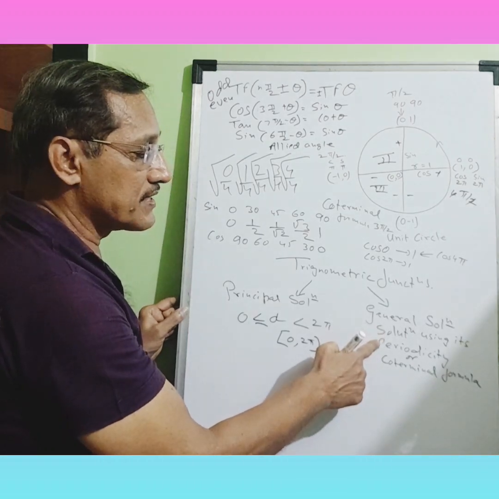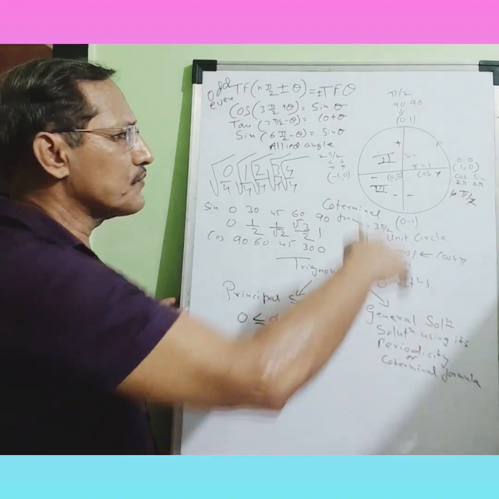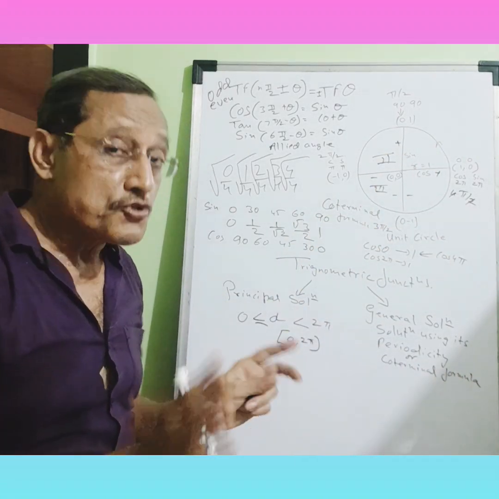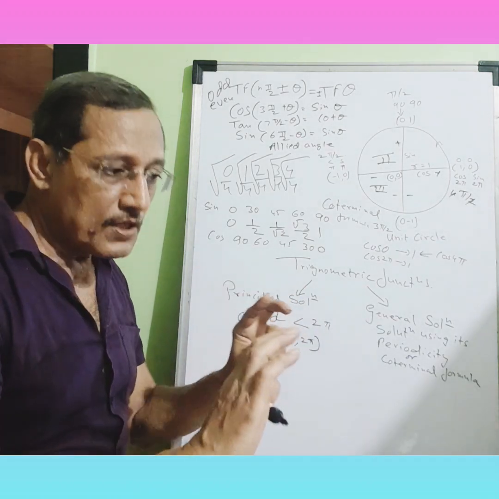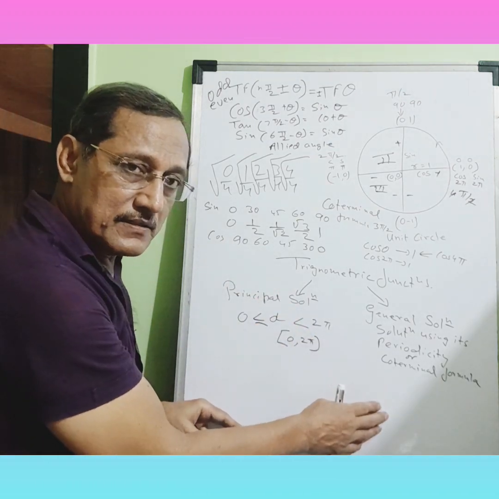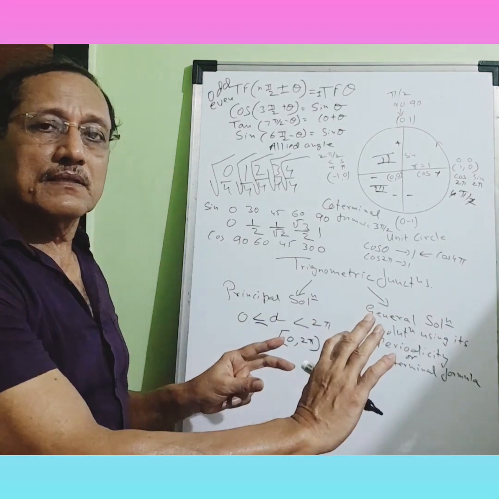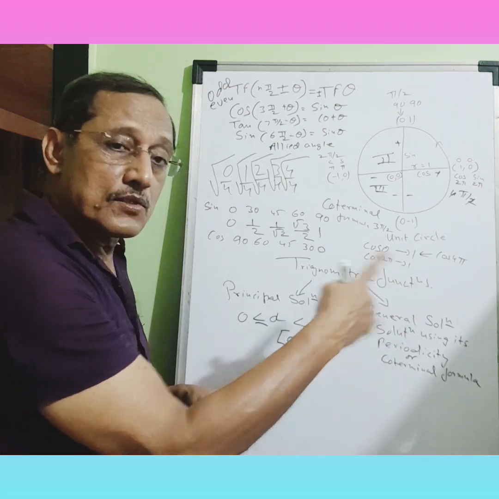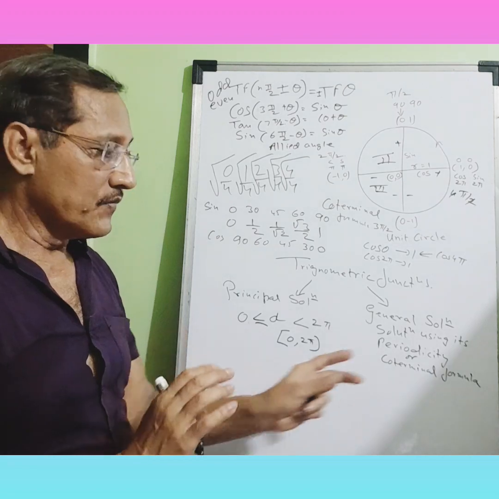Now periodicity in the sense coterminal. So this would have lots of values, as I explained. So are we going to jot down all those values? No. For sine, cos, tan, we have a particular format. Put in values in those formats, we will get the values for whatever number of 2 pi's you have added. Alright, so that's how it is.